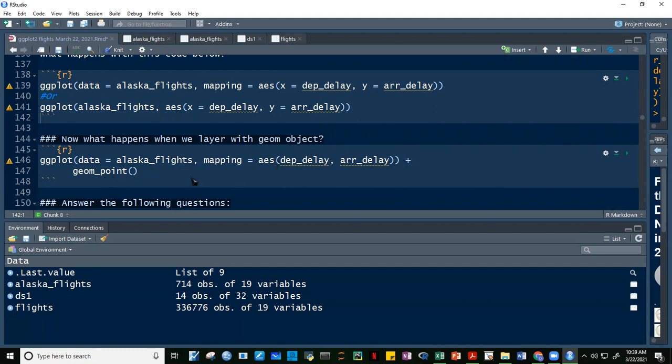So what are we telling R? Use the Alaska flights data. The x-axis is departure delay and the y-axis is arrival delay. And then make use of geom points. Okay, so let's run this.